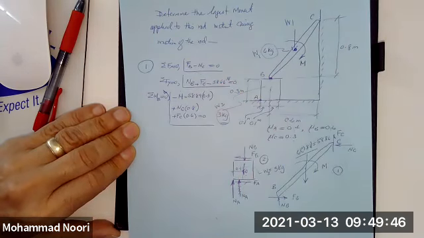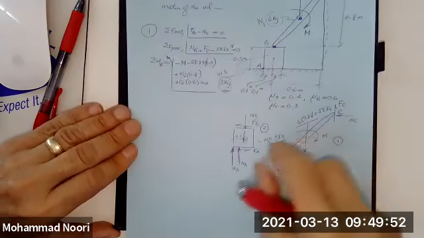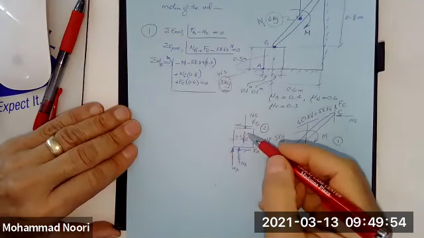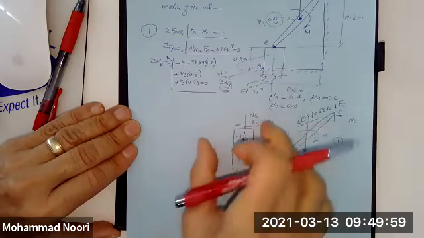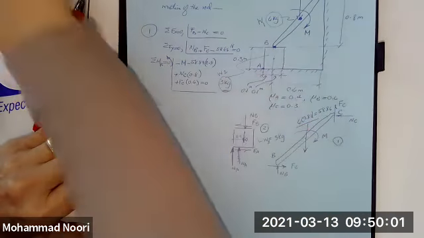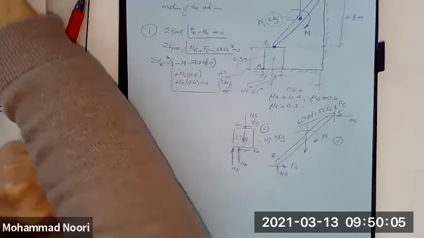So let's go to the second free body diagram. That is this block. If the block moves due to the action of this force, it is going to possibly rotate. Why?